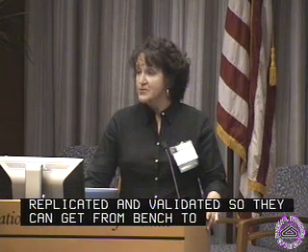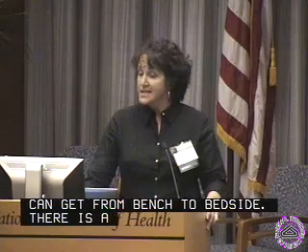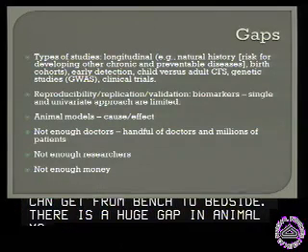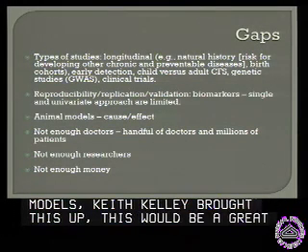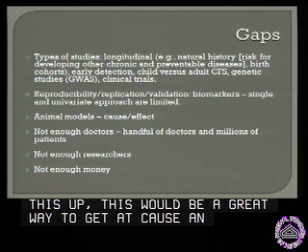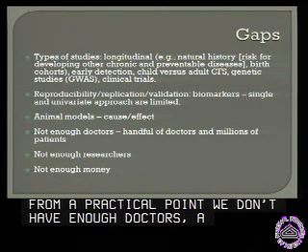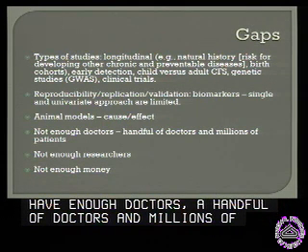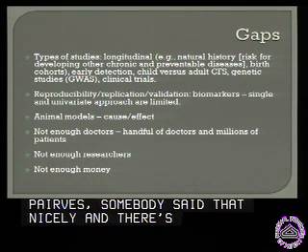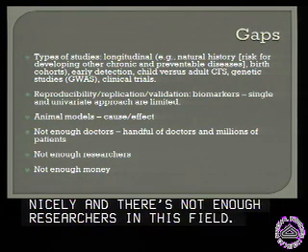There's a huge gap in animal models. And again, Keith Kelly brought this up, that this would be a great way to get at cause and effect. And from a practical point, we don't have enough doctors. It's a huge gap, a handful of doctors and millions of patients. Somebody said that very nicely. And there's not enough researchers in this field. And I guess that all boils down to the fact that we just don't have enough money.